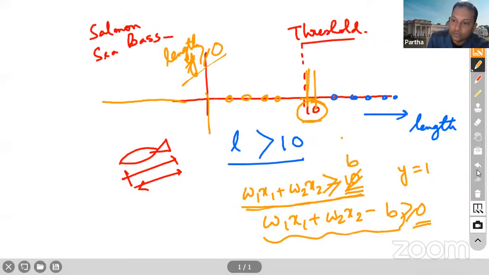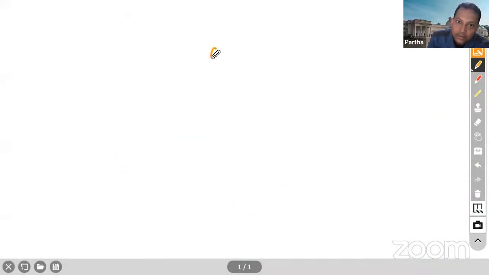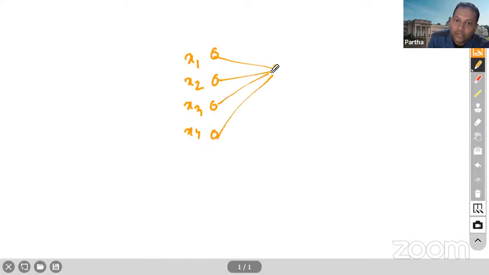Let me also answer now. For example, you have these 4 features x1, x2, x3, x4. Then we'll have one perceptron that will give you the answer. Say we have 3 class levels: class level 0, class level 1, and class level 2. There will be a perceptron that decides whether it is class level 0 or not.